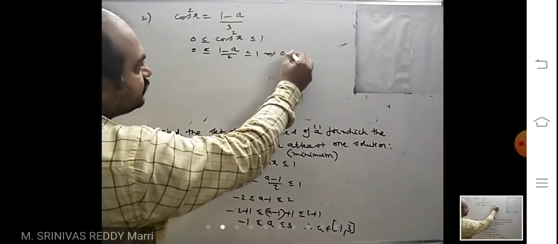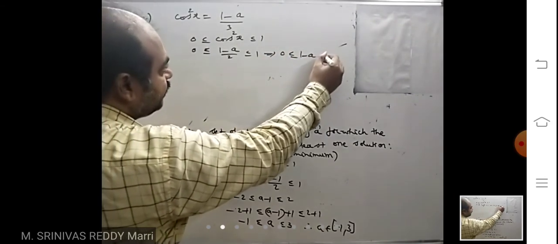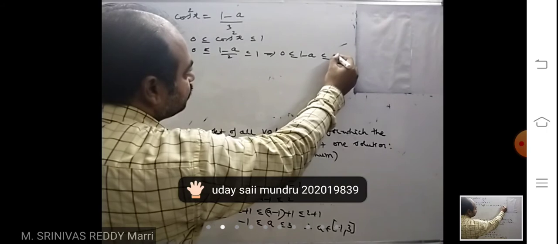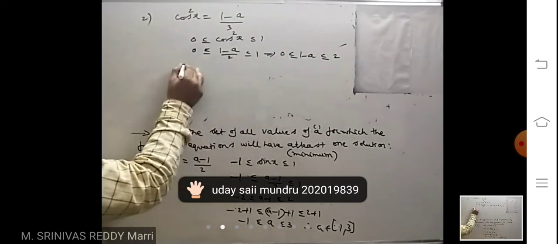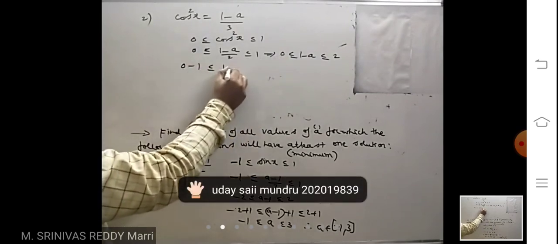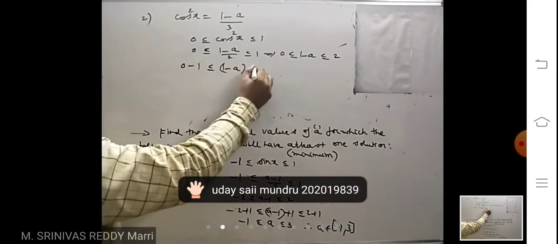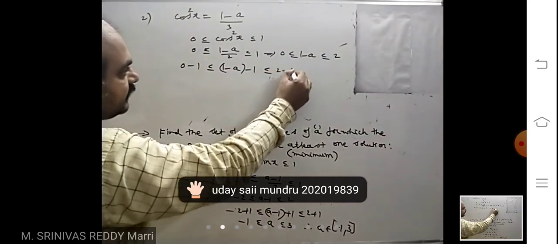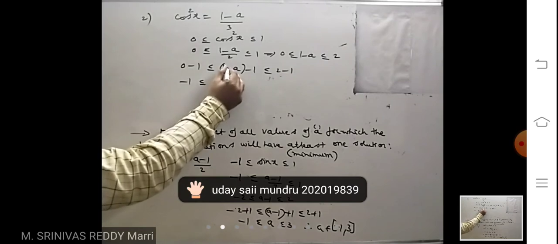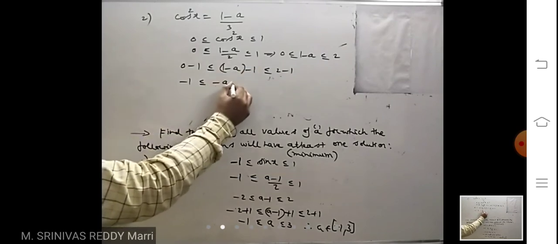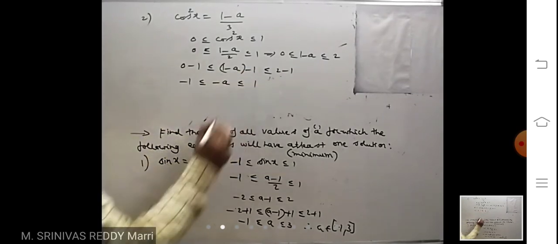That means 0 less than or equal to 1 minus a less than or equal to 2 into 1, which is 2. Now I am subtracting 1: 1 minus a minus 1 less than or equal to 2 minus 1. That means 1 cancels, minus a less than or equal to 1.